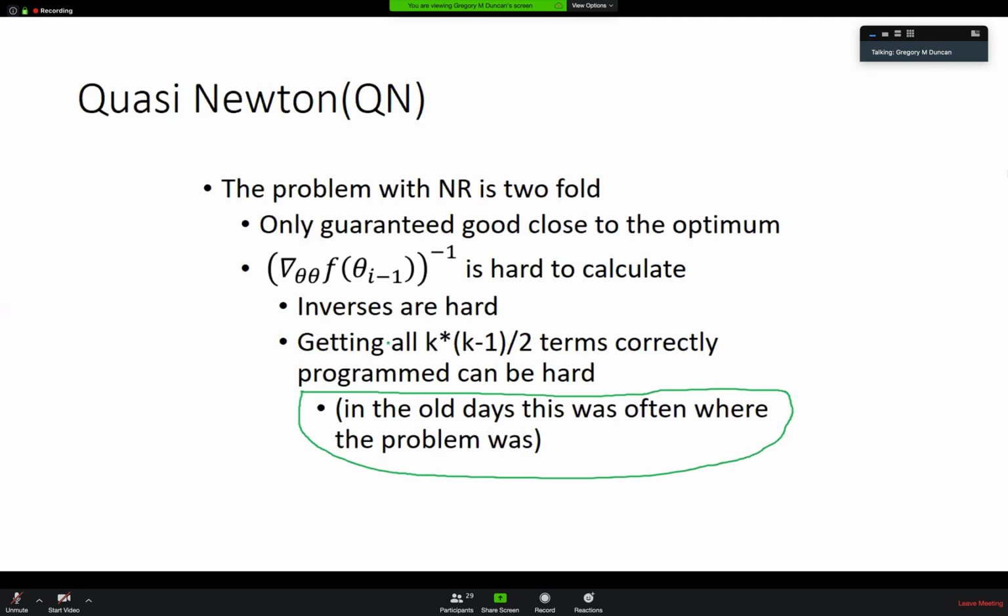That's 500 times 499 over 2 second derivatives you have to take. And what's the possibility you don't make a coding error on at least one of those? It's probably pretty small. And that might be singular for some iterations and not for others. So Newton-Raphson is nice theoretically. If you know you're close, go ahead and use it. You usually want to make sure that's not the default.